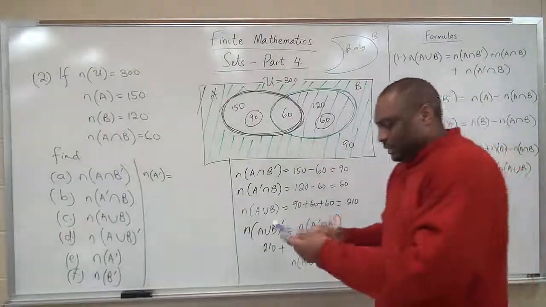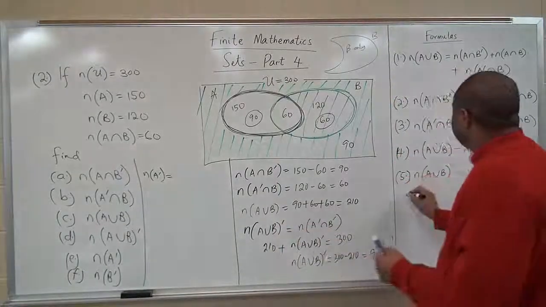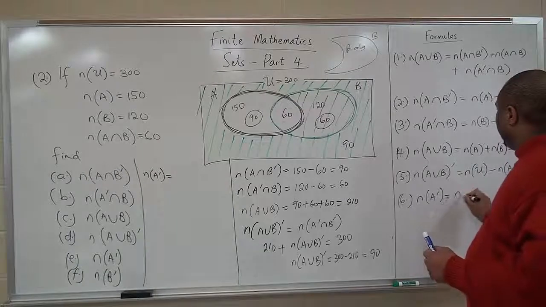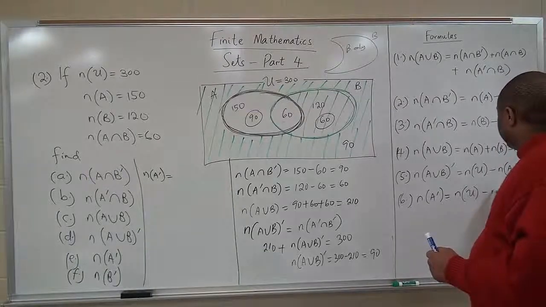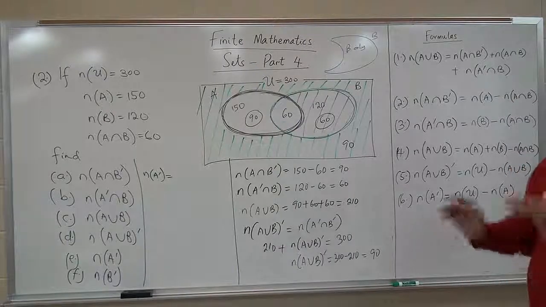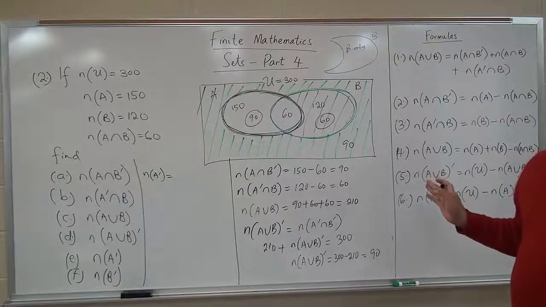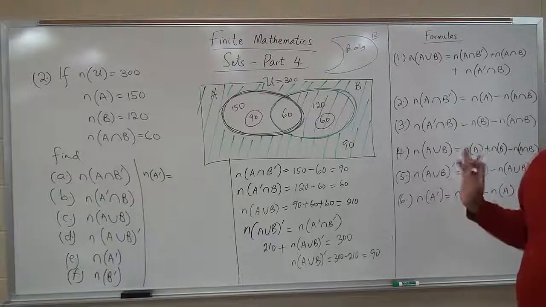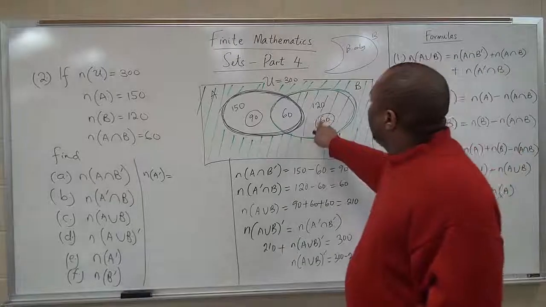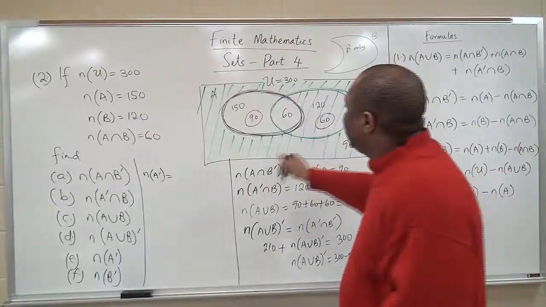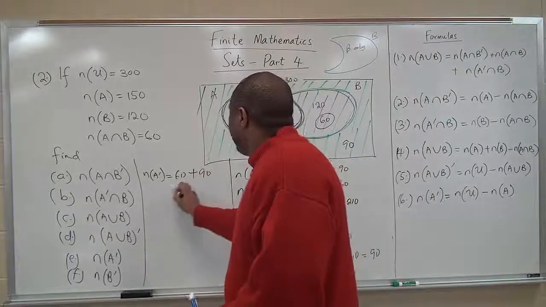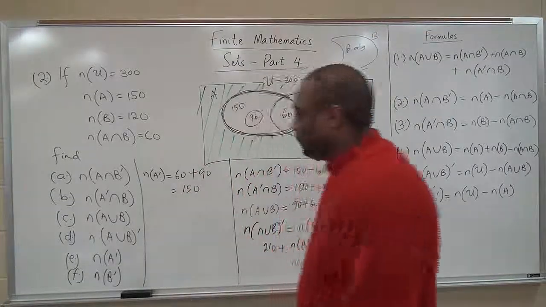The simple formula for it is number 6. Cardinality of A prime is cardinality of the universal set minus cardinality of A. They don't do anatomy. If we are using a Venn diagram, this will be 60 here plus 90 outside, and that gives you 150.